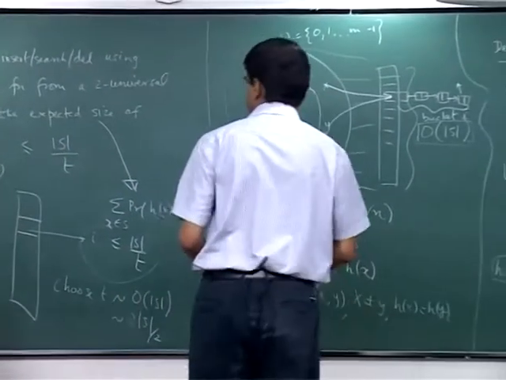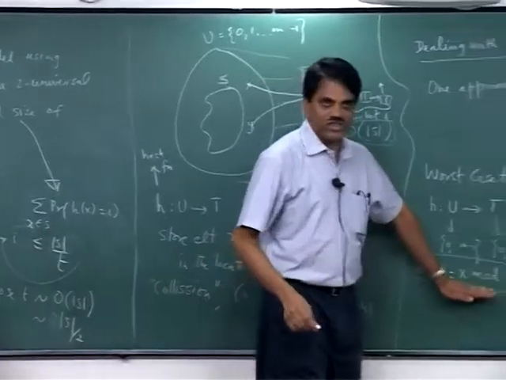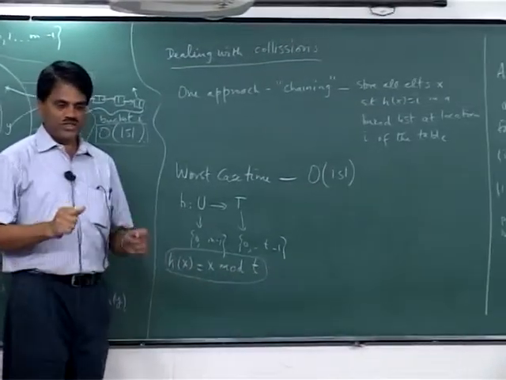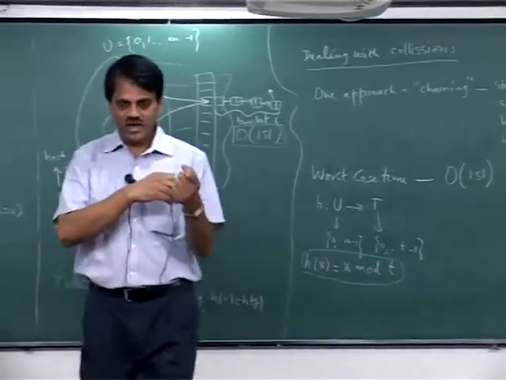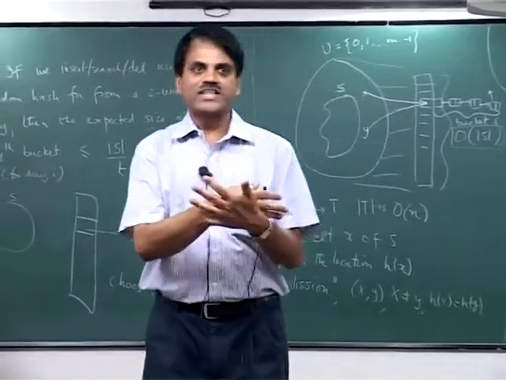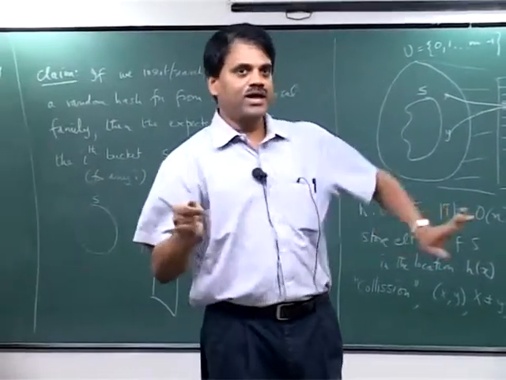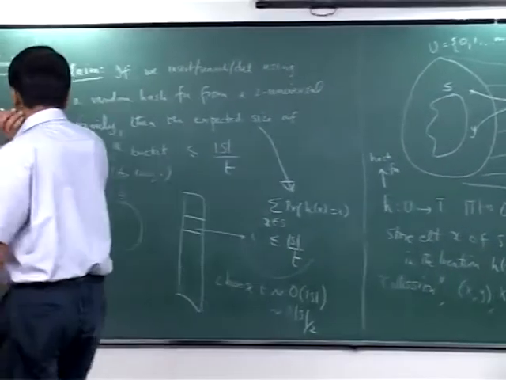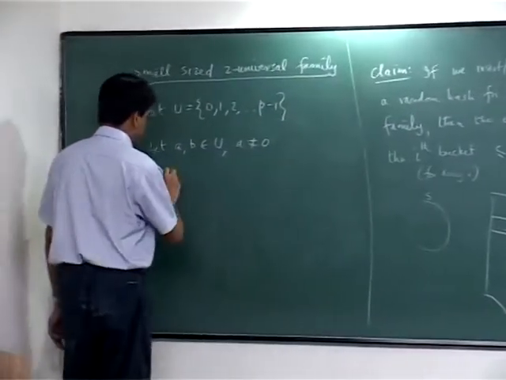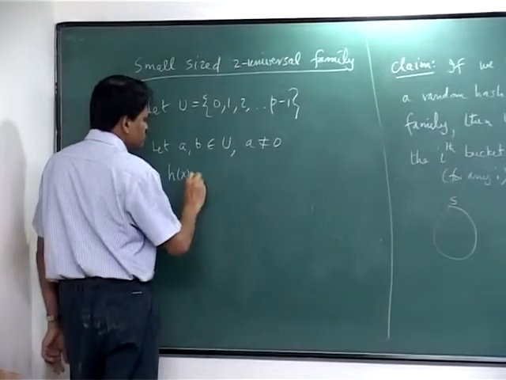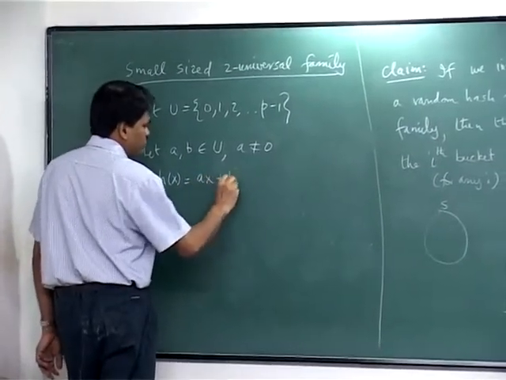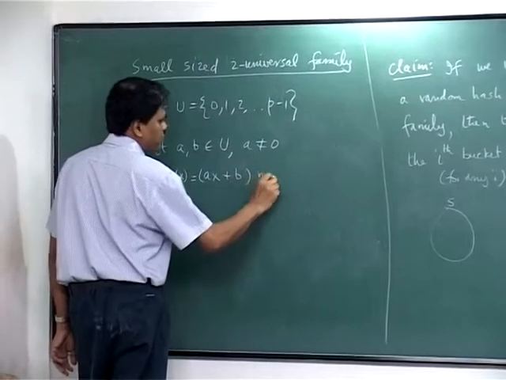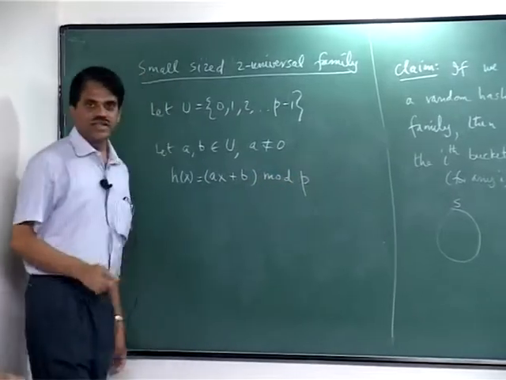I like this kind of a function, but it may be biased. So what I will do is take my input x and apply a random linear transformation on it, and then apply mod t. So my h of x, this is the linear transformation.